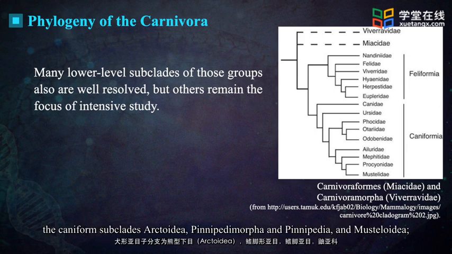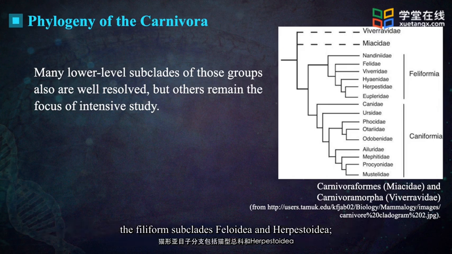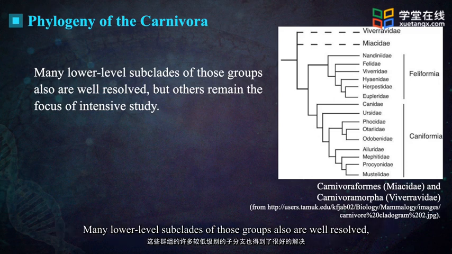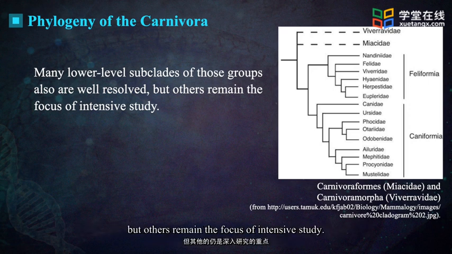The Caniformia subclades include Arctoidea, Pinnipedimorpha and Pinnipedia, and Musteloidea. The Feliform subclades include Herpestoidea, and monophyly of all traditional modern families, except Viverridae and Mustelidae. Many lower-level subclades of these groups also are well resolved, but others remain the focus of intensive study.